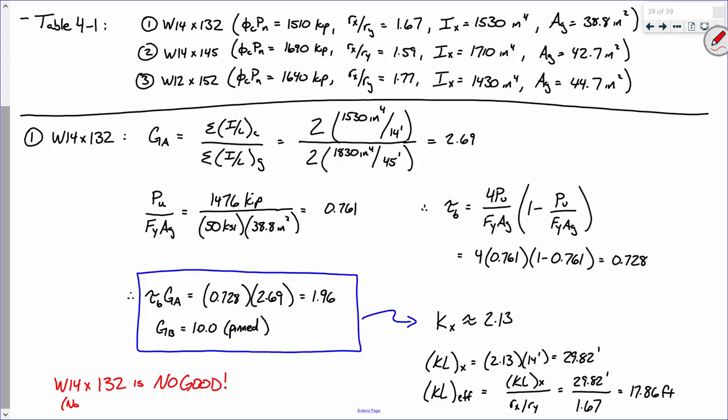All right, hold on, let me write this. I'll show you. I'm writing that so that everybody sees it. Okay, so I'm on page 4-15. If you go to page 4-15, go to the W14 by 132 and look at what the capacities are for 17 and 18 feet.